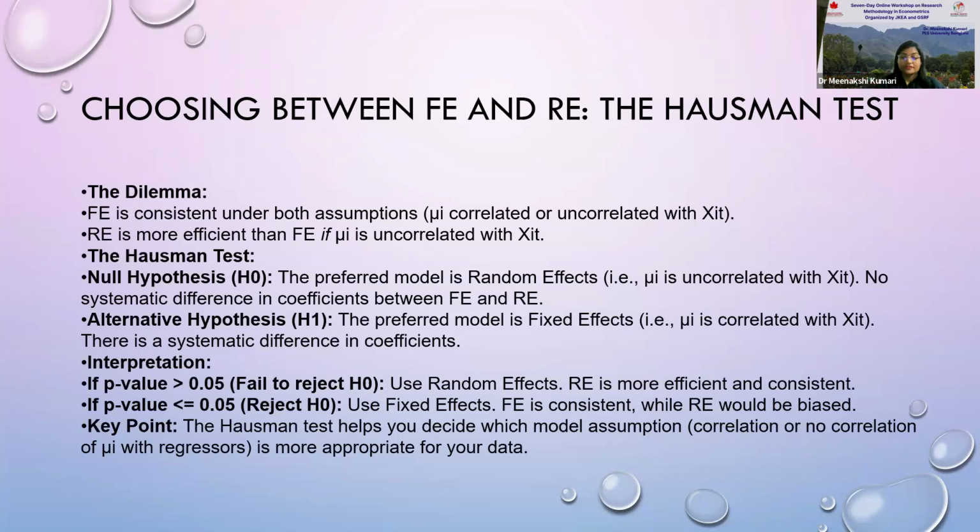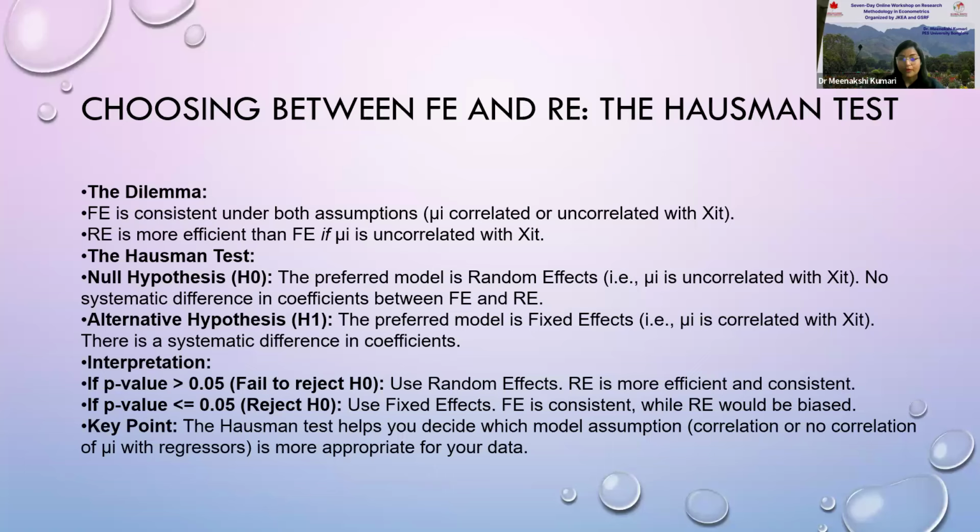So what is the assumption of the Hausman test? The null hypothesis says that random effect is better, we don't need to go to FE, and the alternate hypothesis is that the fixed effect model is preferred. So interpretation: when you run the Hausman test and you see that the p-value is less than 0.05, then you should reject H0.